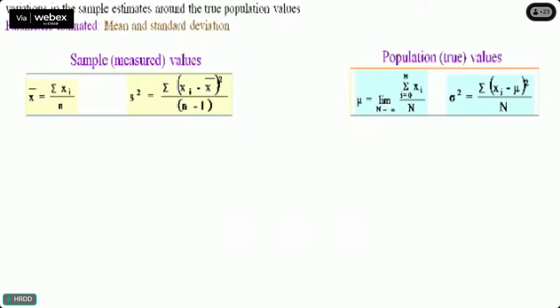The set of samples which we collect and analyze, we call the representative sample, and we calculate the mean value and standard deviation. Then the equations are given here.